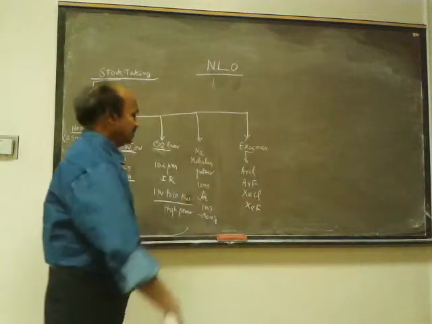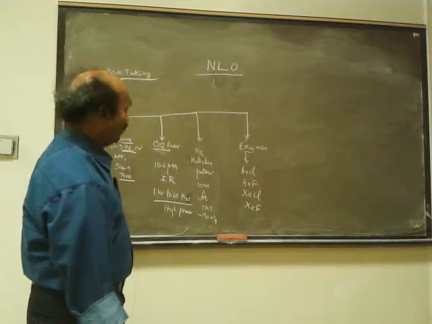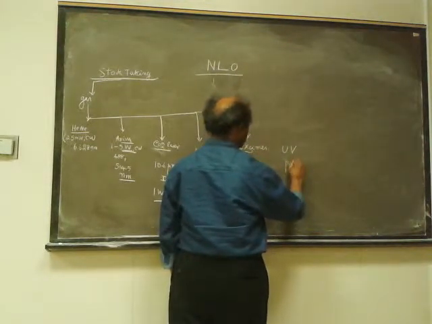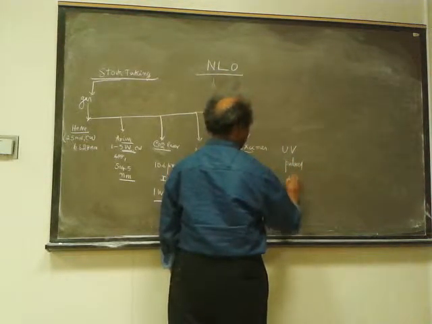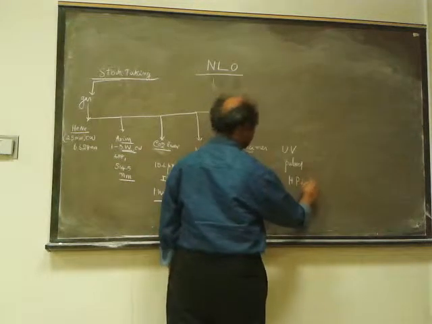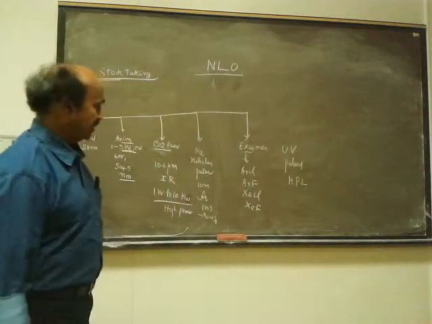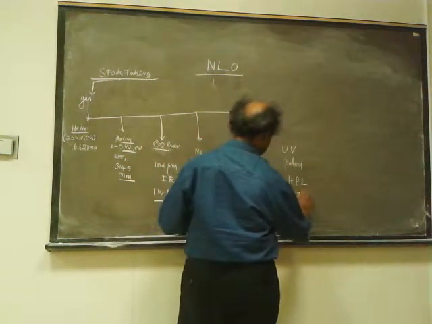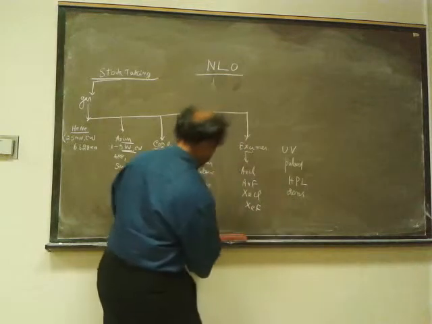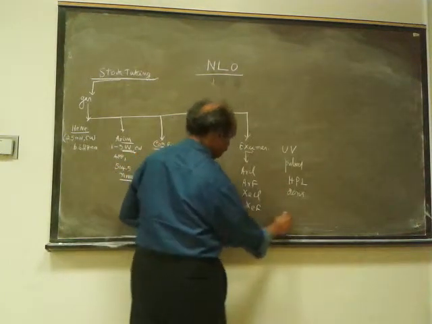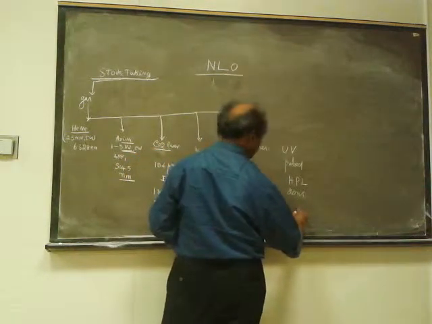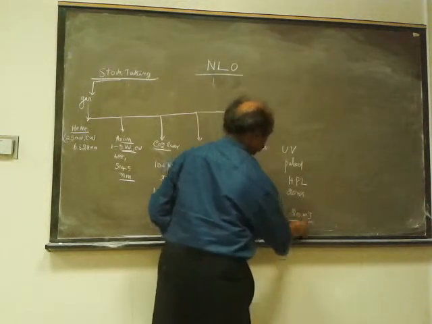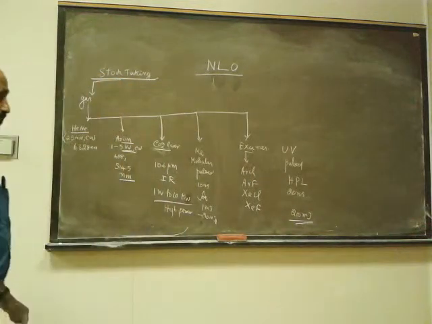You have all possible combinations. All of them are ultraviolet, pulsed, high power lasers. This is typically 20 nanosecond, and 20 millijoule. Compare this one, this can be even 200 millijoule.